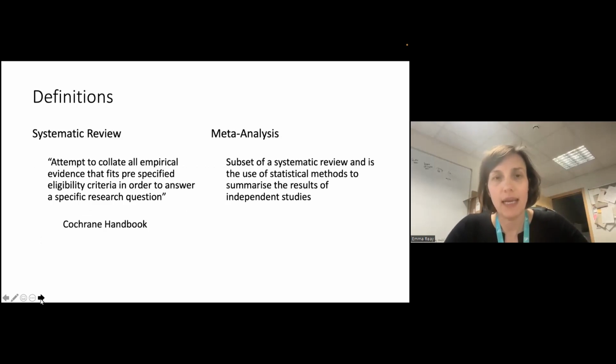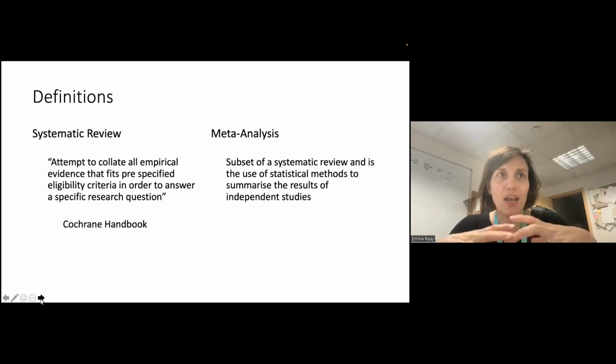It's essentially defined by the Cochrane Handbook as an attempt to collate all empirical evidence that fits a pre-specified eligibility criteria in order to answer a specific research question. So it's a way of trying to essentially see the wood for the trees.